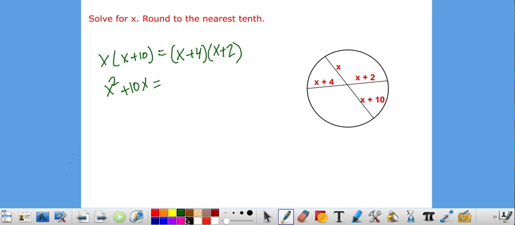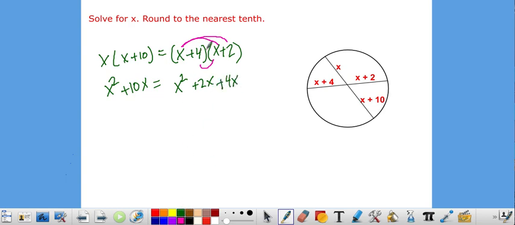So to review foiling, we've done some of it this year. You do first times first. That's x squared. Then you do outside. Outside is 2 times x. Then you go inside. 4 times x. So plus 4x.